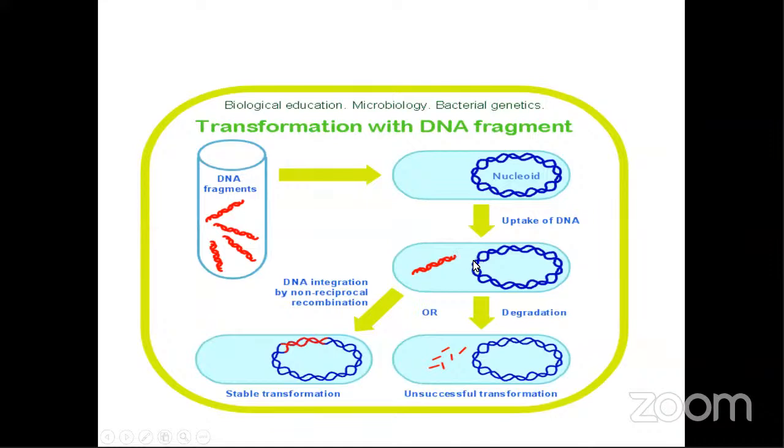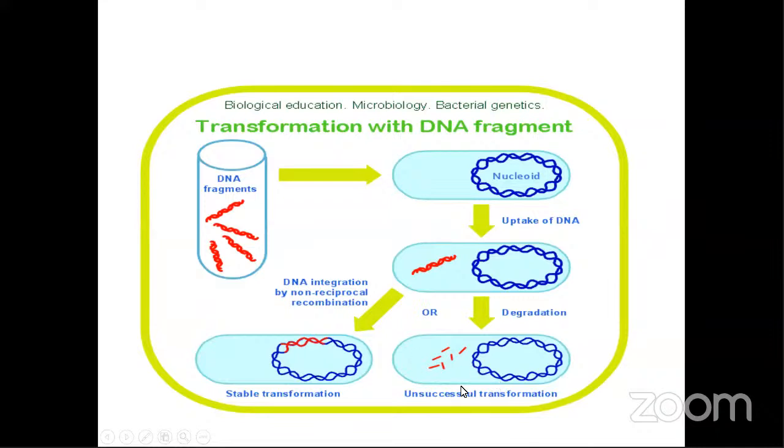And two things might happen. Once it enters the bacterial cell, either the DNA is integrated into its DNA components, or it is degraded. They are not compatible. So you may have successful or stable transformation of exogenous DNA into a cell, which becomes stable and successful, but the degraded one becomes unsuccessful transformation.